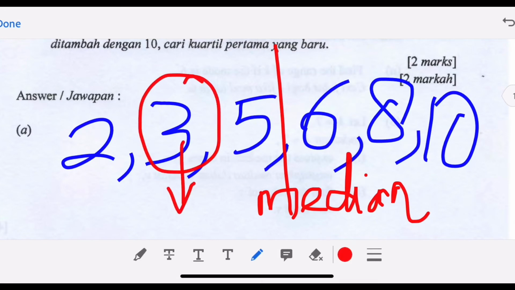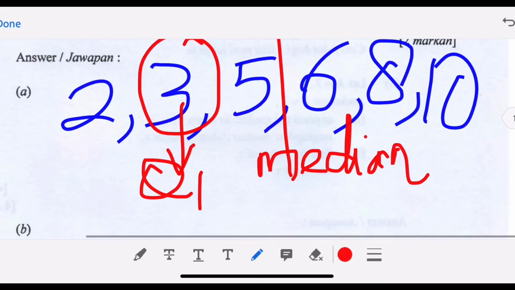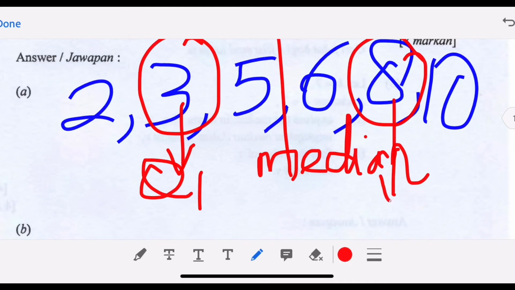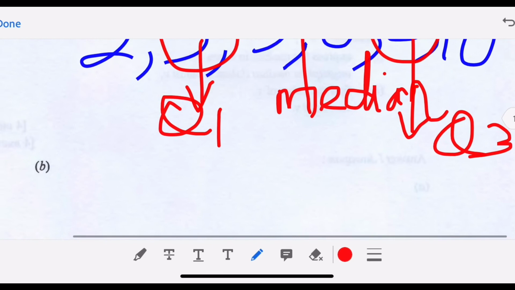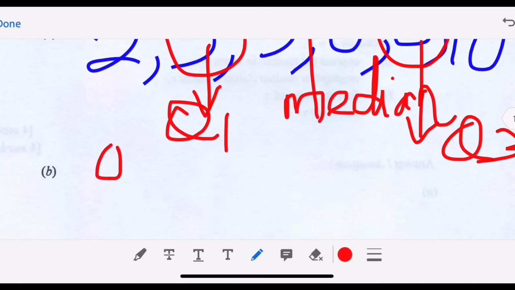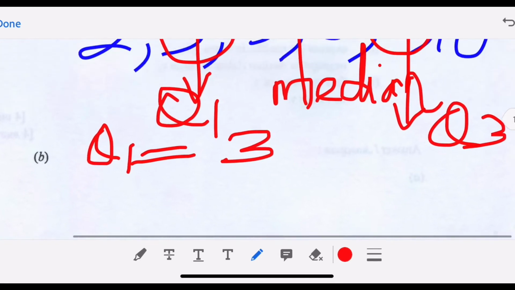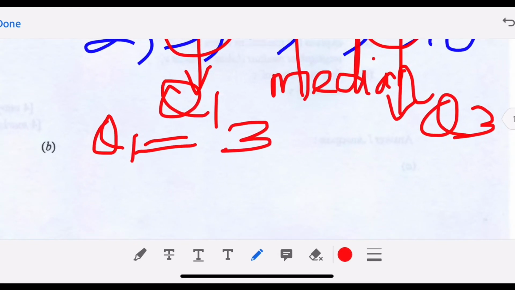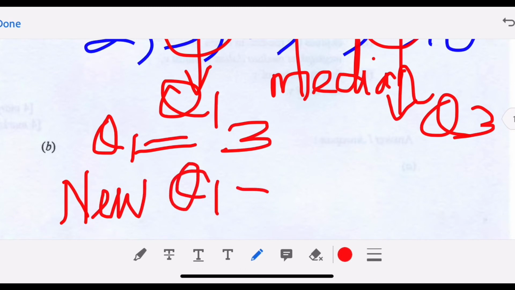We just take the left one and divide it into another 2 groups. It looks like our first quartile is 3, and we are asked to find the first quartile, so the answer is 3. Now the question says the first quartile is going to be multiplied by a number, right?